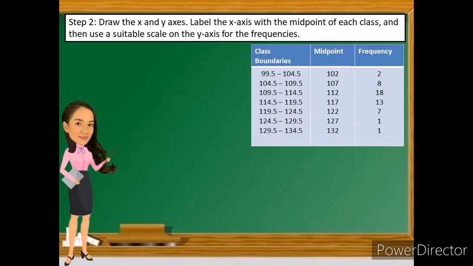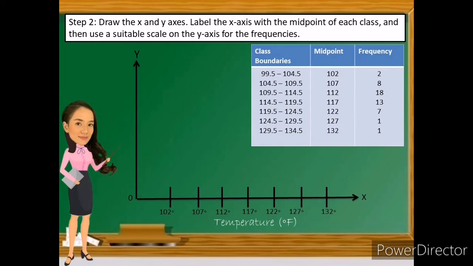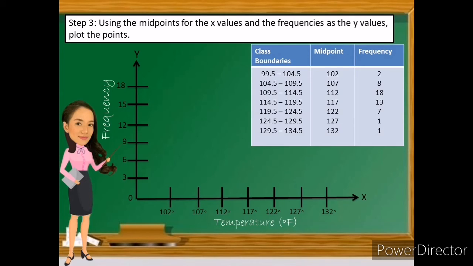Step 2. Draw the x and y axis. Label the x-axis with the midpoint of each class, and then use a suitable scale on the y-axis for the frequencies. Step 3. Using the midpoints for the x values and the frequencies as the y values, plot the points.